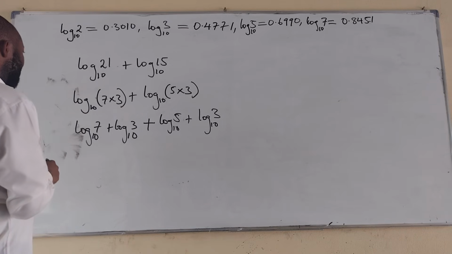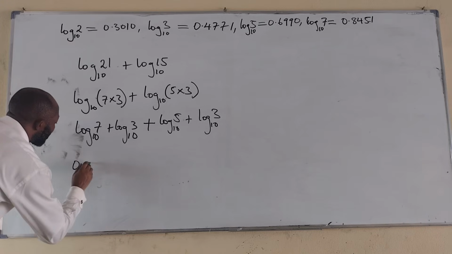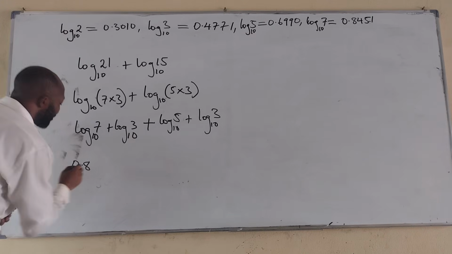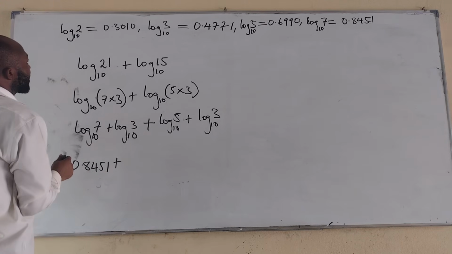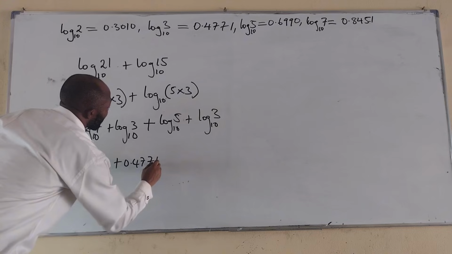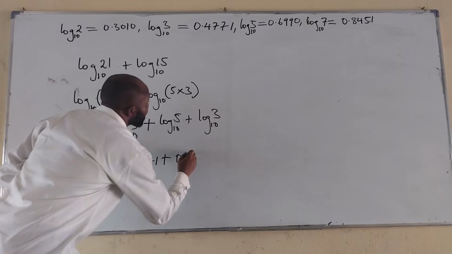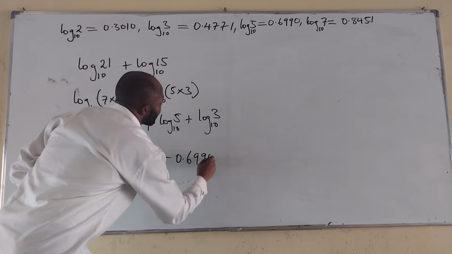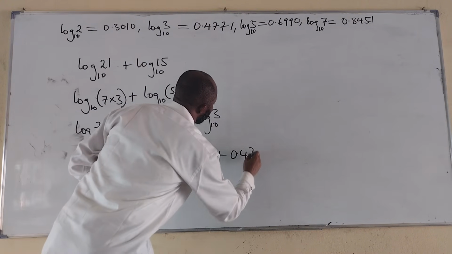It doesn't matter how many times log 3 appears. Log 7 in base 10 is 0.8451, plus log 3, 0.4771, plus log 5, 0.6990, plus log 3, which is 0.4771.